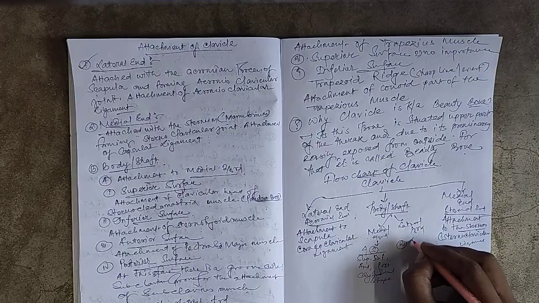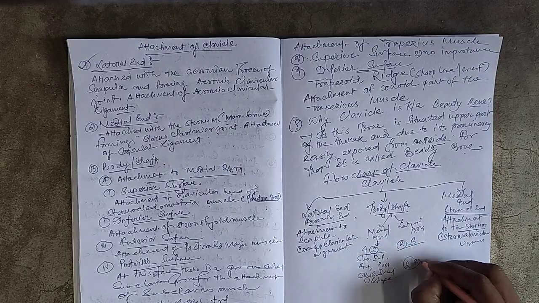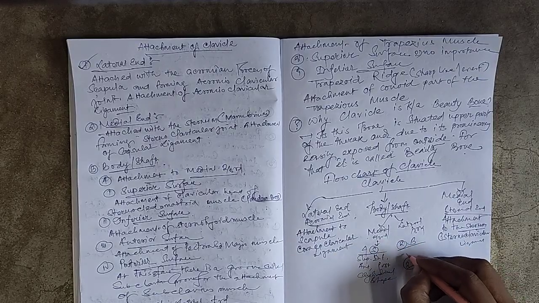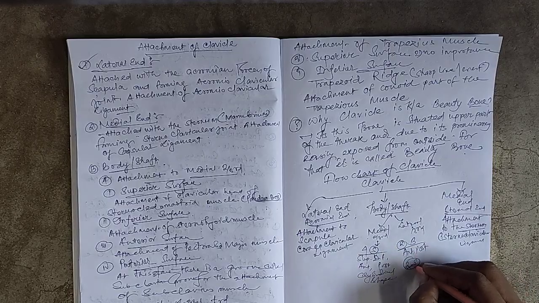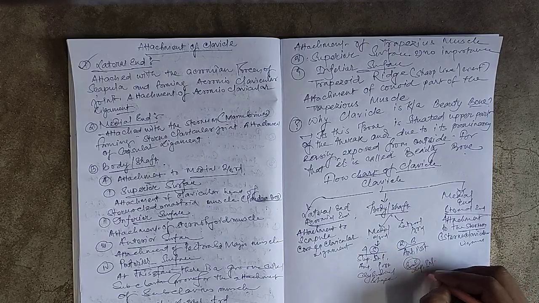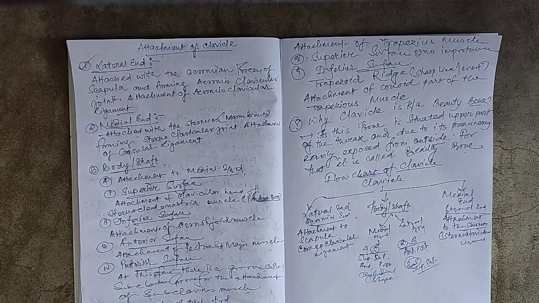Lateral 1/3 has two borders and two surfaces: anterior and posterior border and superior and inferior surface. So it is all about the clavicle.